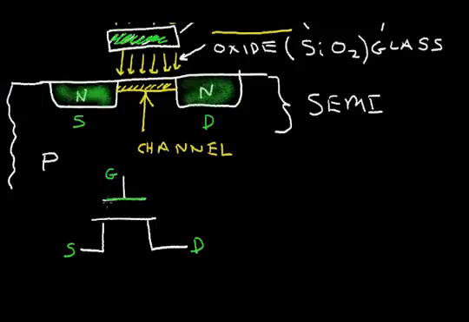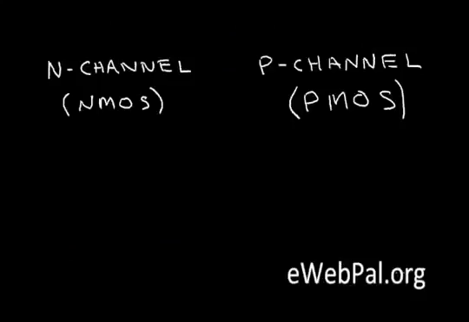You can think of this symbol as, when the gate voltage is increased, you get an electric field in this insulating glass region, and that electric field forms a channel between the source and the drain.